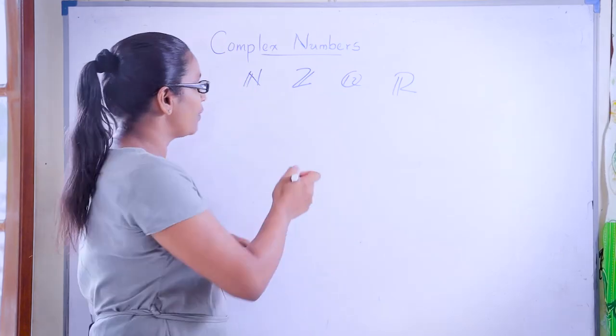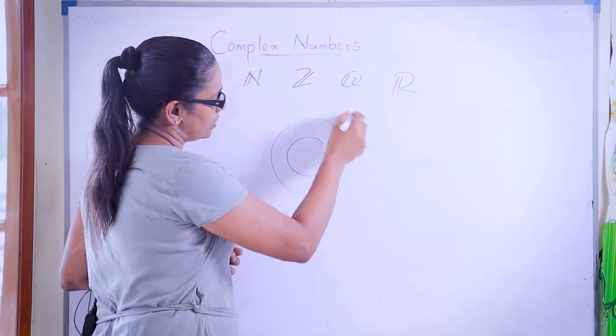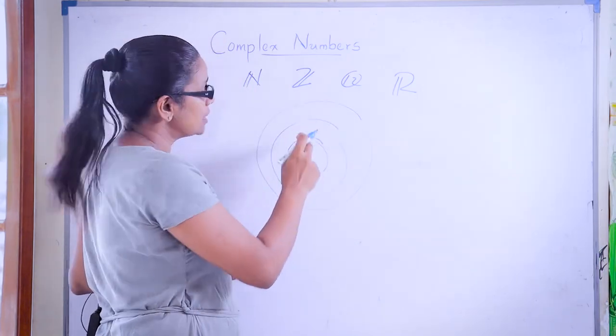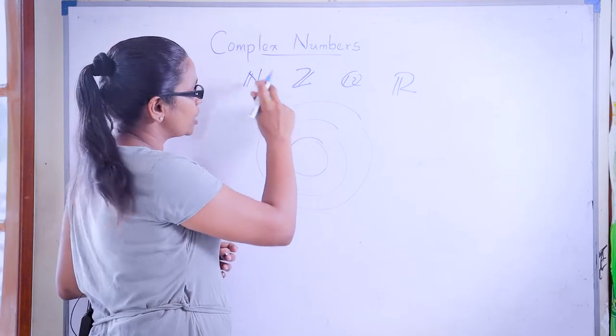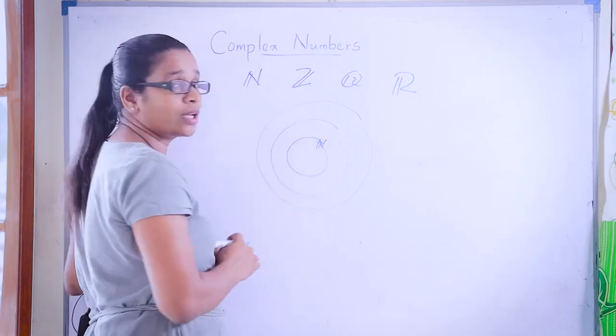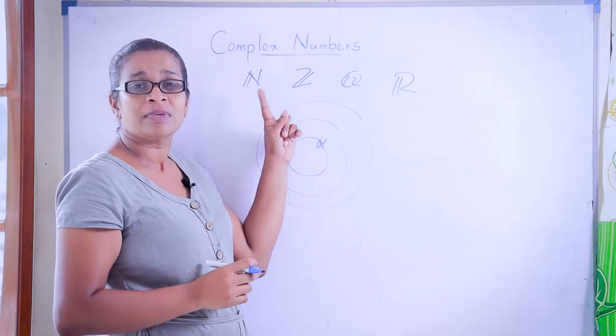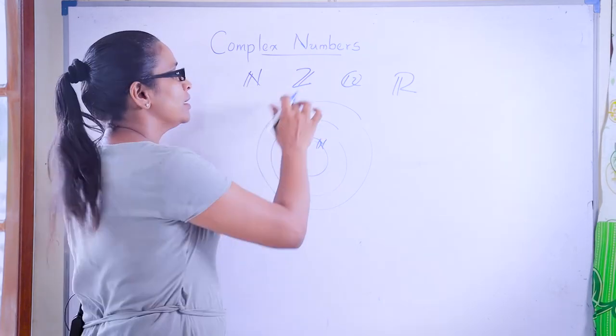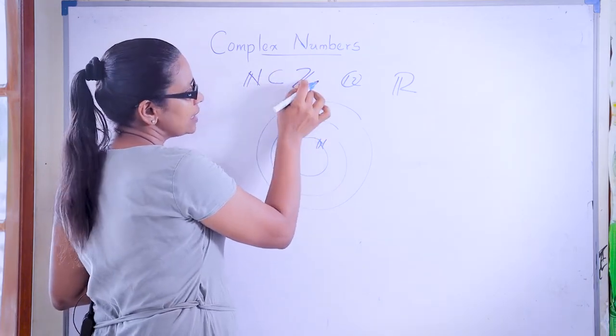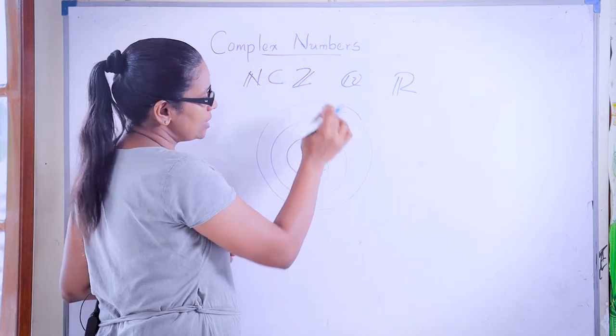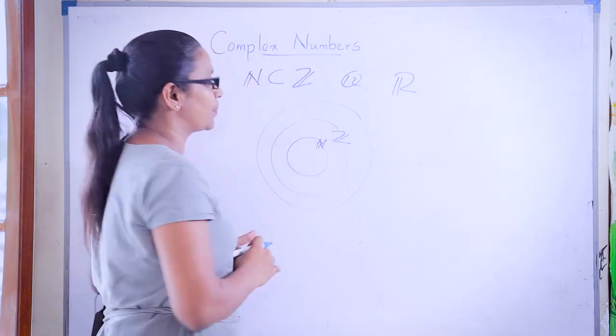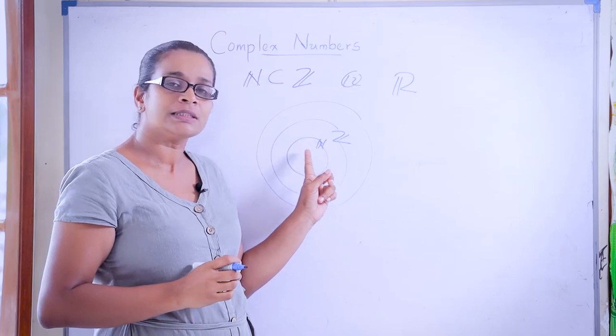If I draw some set diagrams, the smallest set should be the natural number system. The natural number system is a subset of the set of integers. This is the integer number set, so Z is larger than the natural number system.